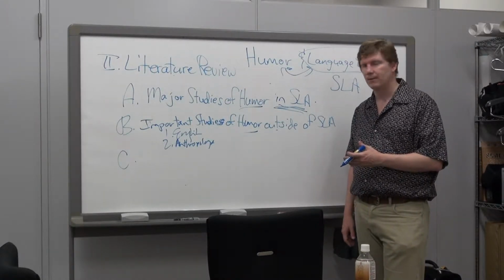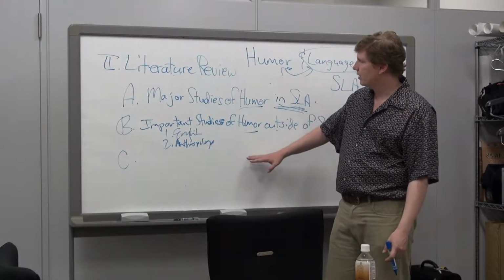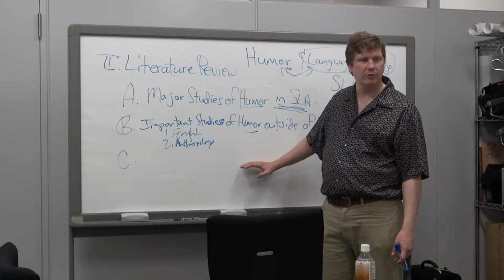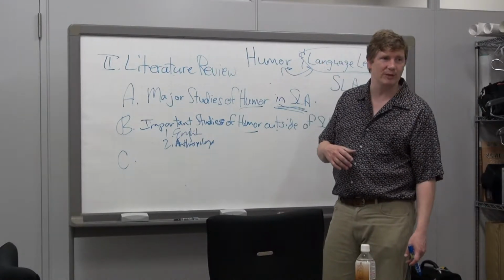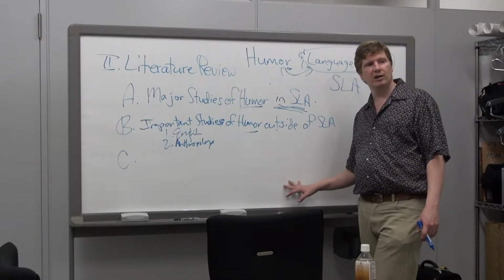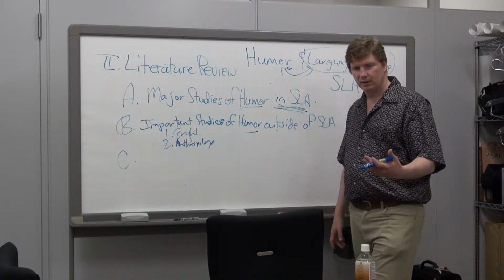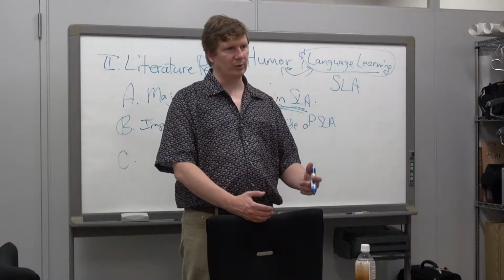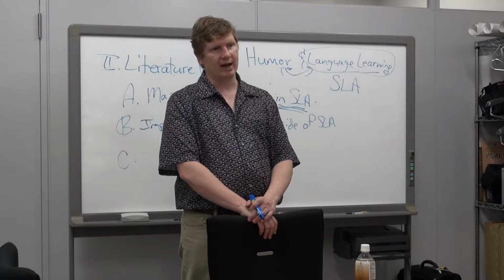So why not do something like other important studies? In other words, other important studies that are not humor related, but I'm going to borrow from them and apply them to humor. This is a very common thing in doing research. It's looking at how someone else conducted an experiment in a different area and saying, I wonder if I can use that in my own research.